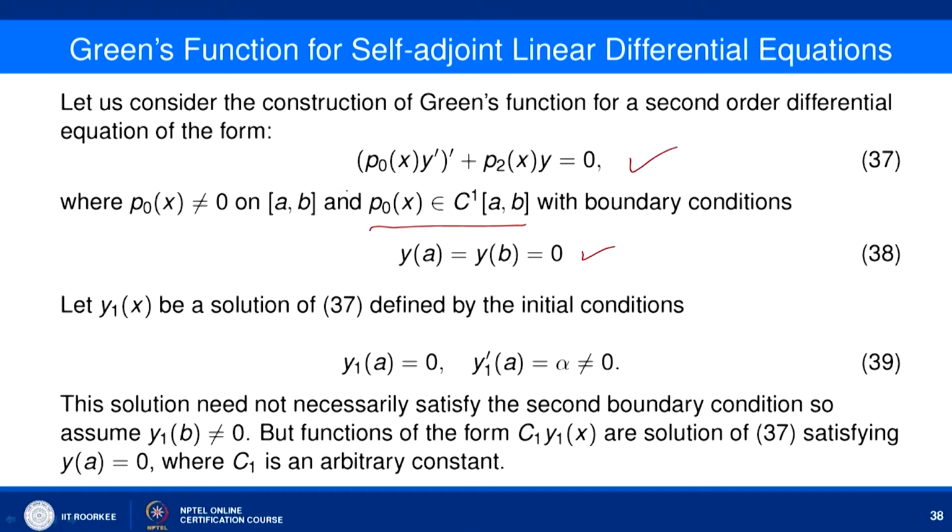So, basically it is a Sturm-Liouville problem which we are considering. It is a self adjoint problem and along with the boundary condition we want to find the Green's function for this particular boundary value problem.